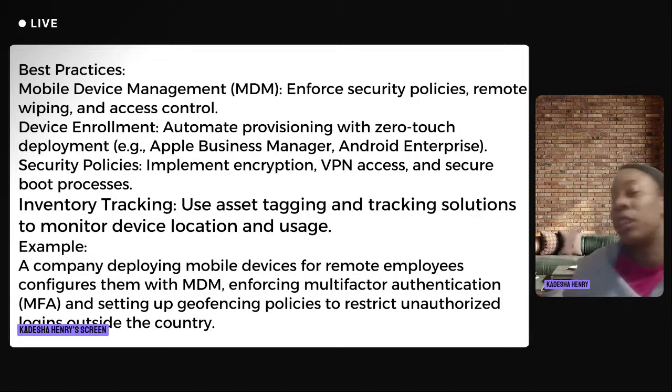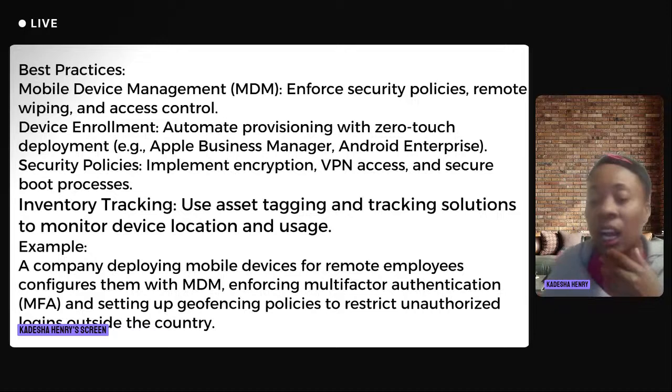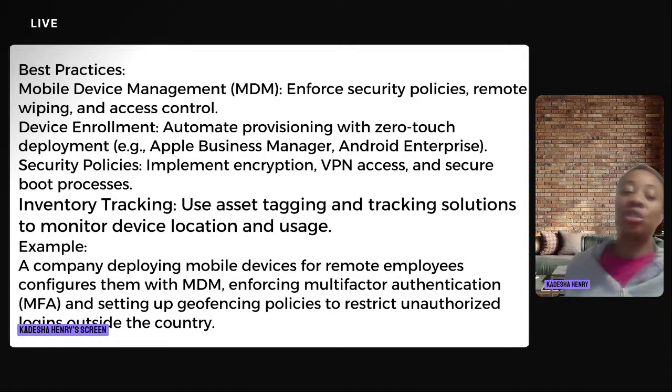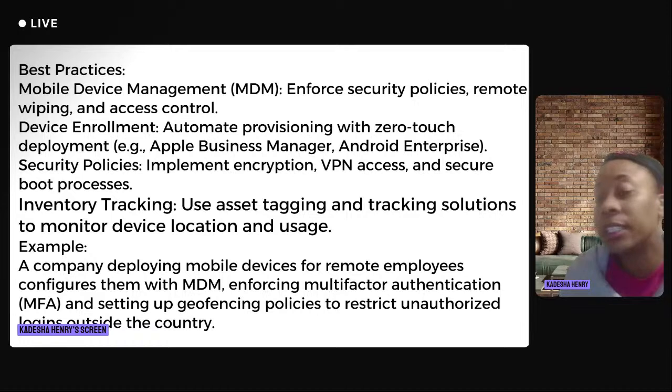That means if the device was stolen in England and somebody is using it in New York, the authentication process will alert you, because it either sends an email or a message stating that somebody is trying to log in at this location, or sometimes they make it central so that the person in control at the organization can also get the information that it is beyond the geofencing policy, the area of restriction. Logging in outside of the country is a restriction placed on these devices.